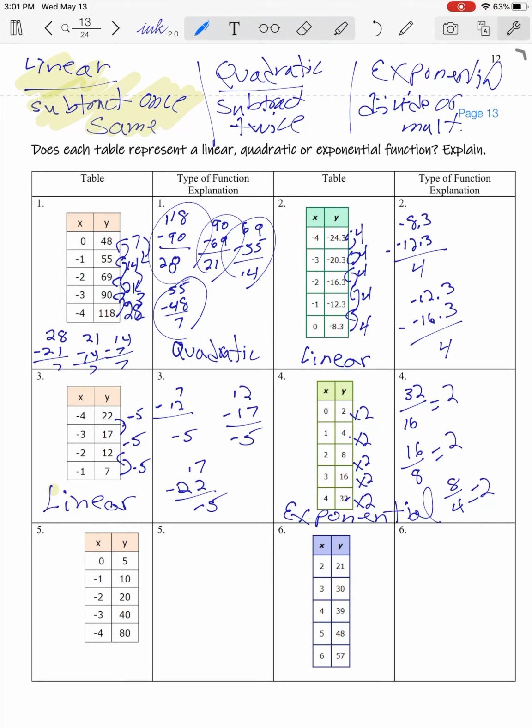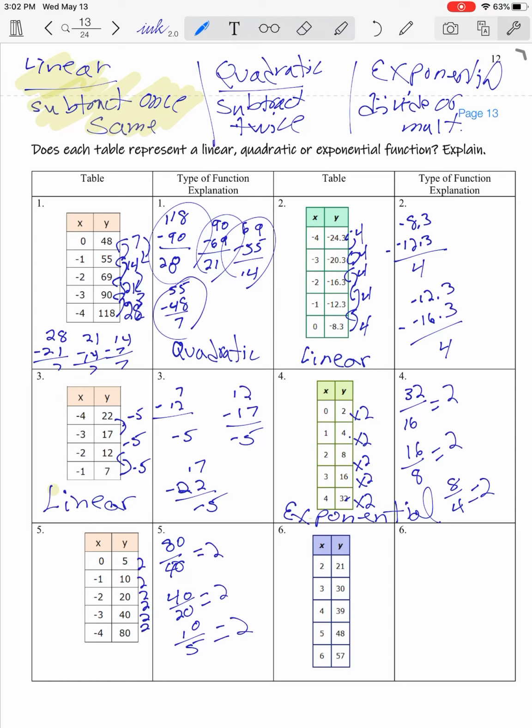Okay, welcome back. Now that you've finished 5 and 6 on your own, I will go over them with you to show you. So, 5 was a little tricky. You could do your subtracting, but if you notice, if I do 80 divided by 40, I get 2. 40 divided by 20, I get 2. 10 divided by 5, I get 2.